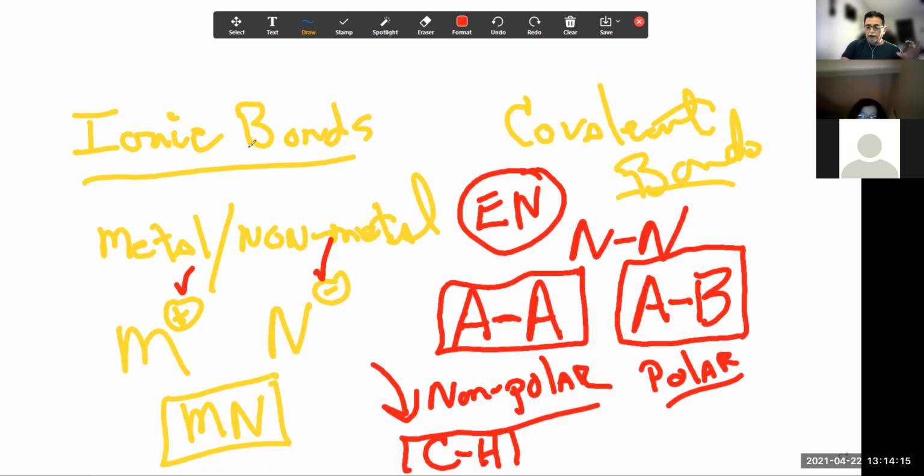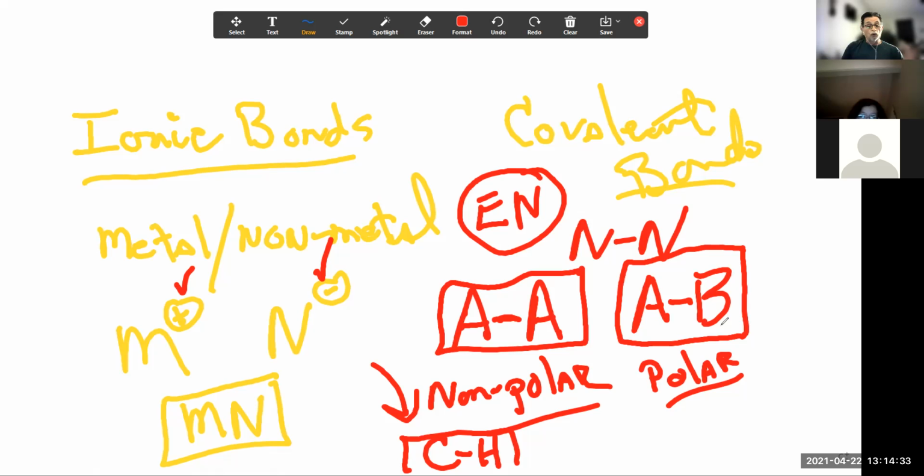So that's important: ionic bonds versus covalent bonds. And within the covalent bonds, go back and refresh your memory on how to distinguish between nonpolar and polar bonds. It's not that difficult. Think of A versus AB.